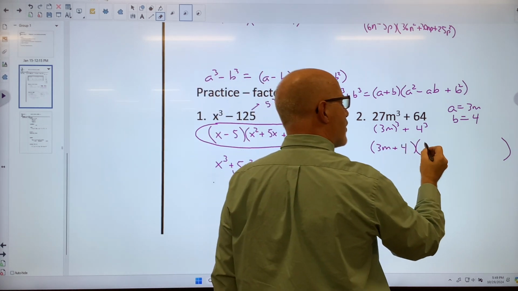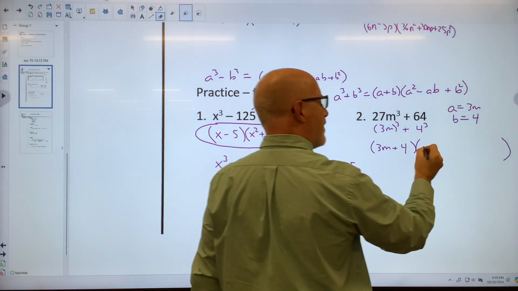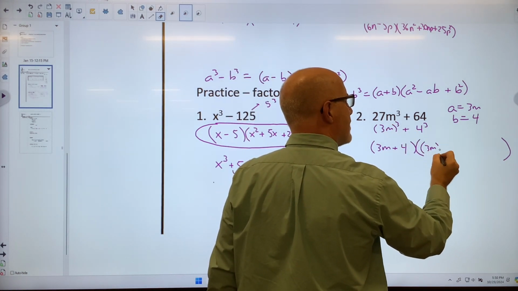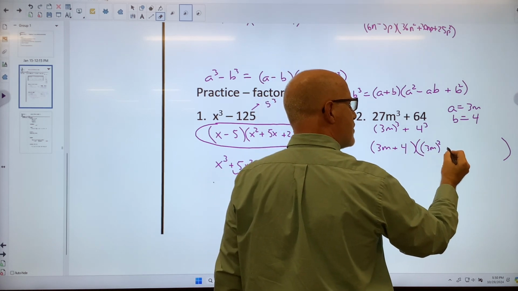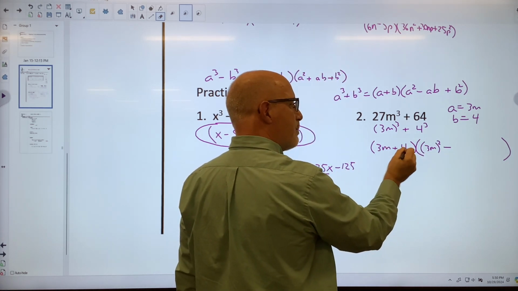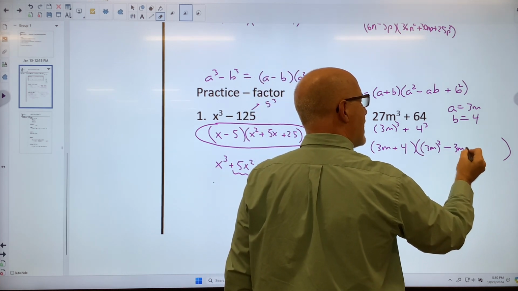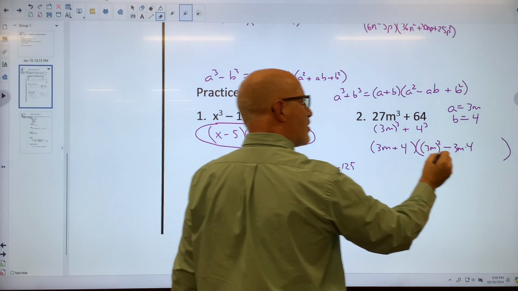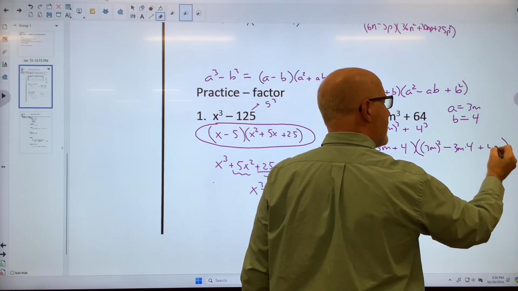Now in here, I'm going to write it out in long form, then I'll simplify it. You're going to square this first one, 3m squared. Now the next, if this is a plus, you change it to a minus here. You multiply these two together, so you're going to have 3m times 4. And then lastly, you're going to have plus, always plus at the end, you're going to square the 4.